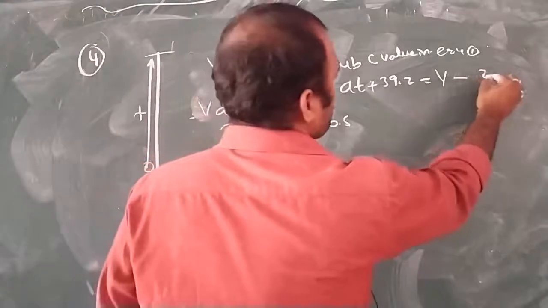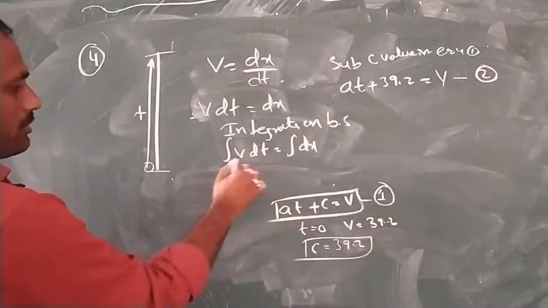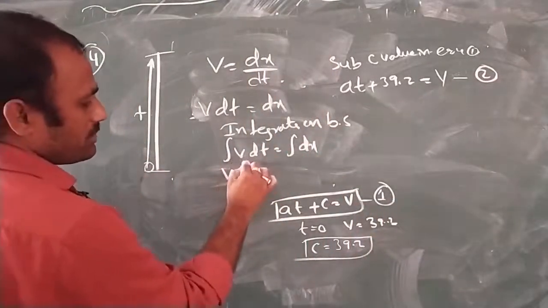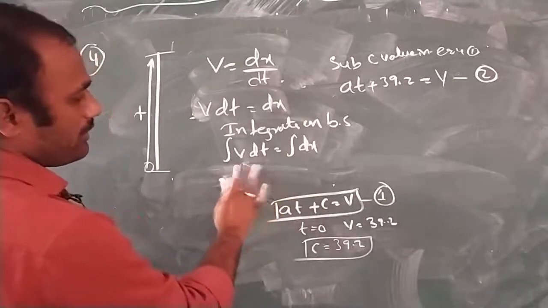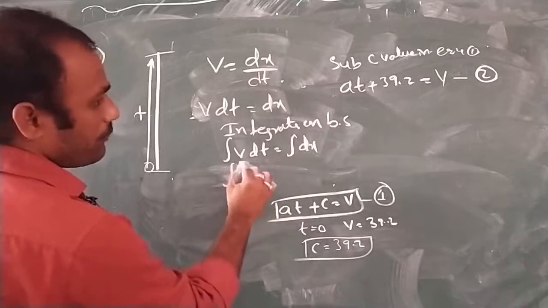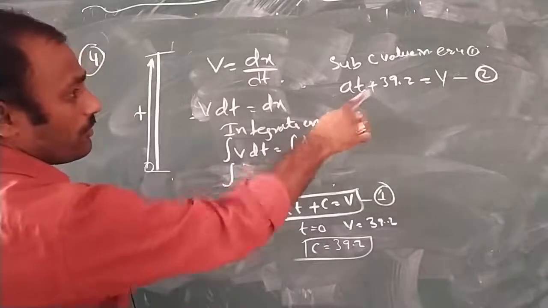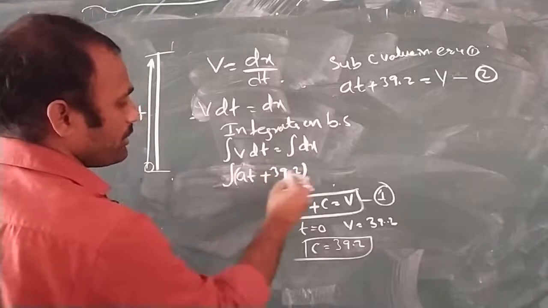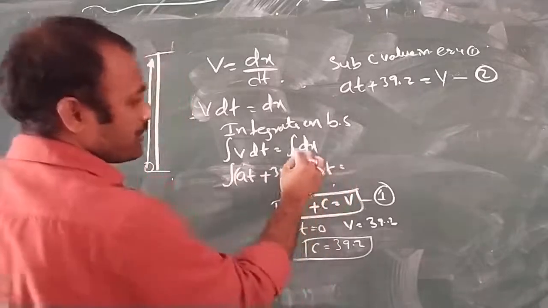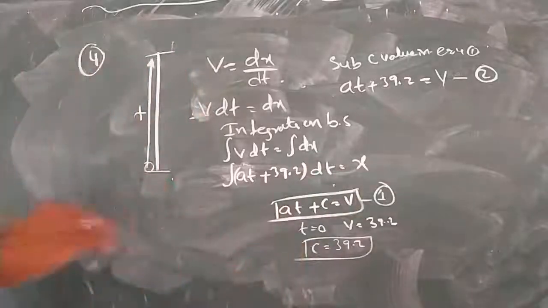This we can make the second equation. So v is not a constant term. Integral of v dt, where v is at plus 39.2, so integral of (at plus 39.2) dt is equal to integral of dx, which is x.